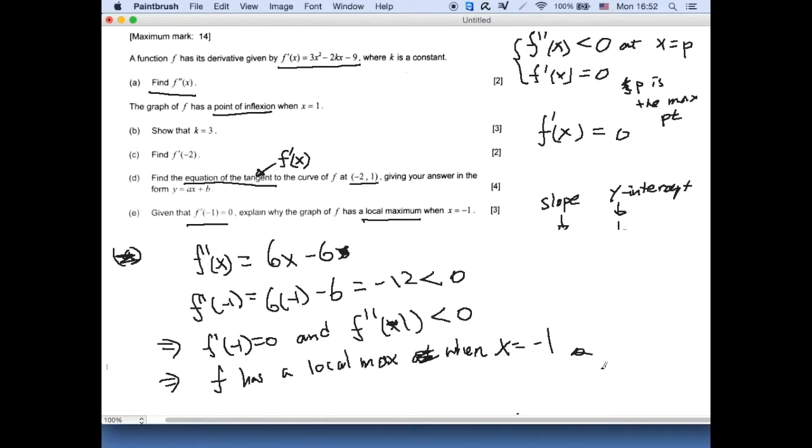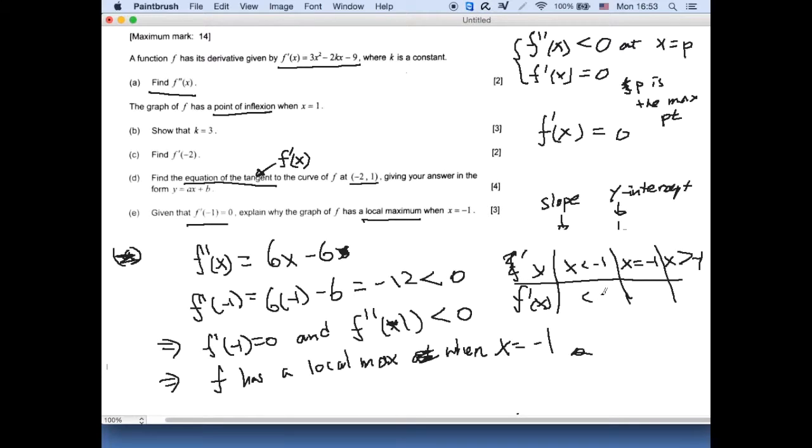And obviously, you can argue that when x is less than negative 1, the first derivative is positive, and when x is greater than negative 1, the slope, the first derivative, is negative. It's just like you create such a table of f x and f prime x. This is x less than negative 1, this is x equal to negative 1, and then x greater than negative 1.